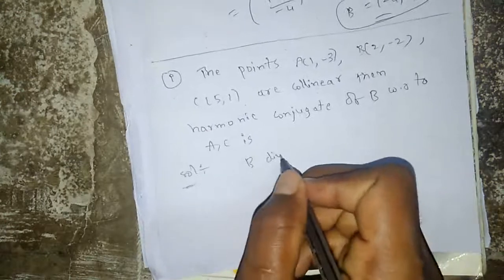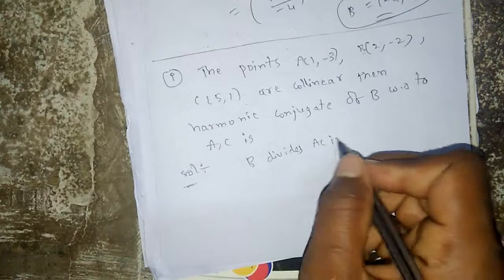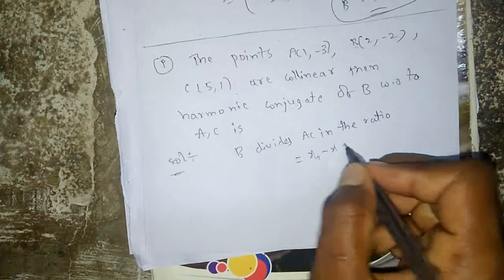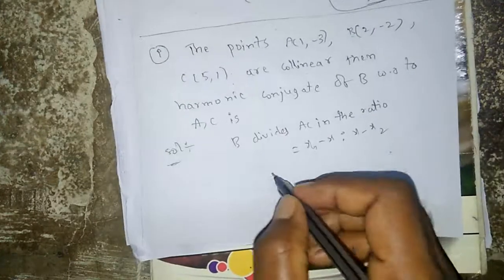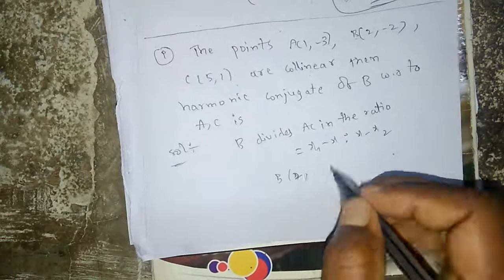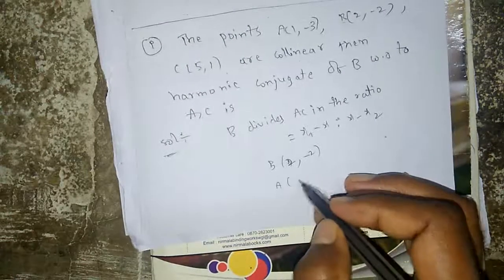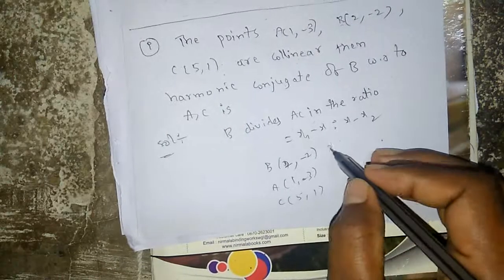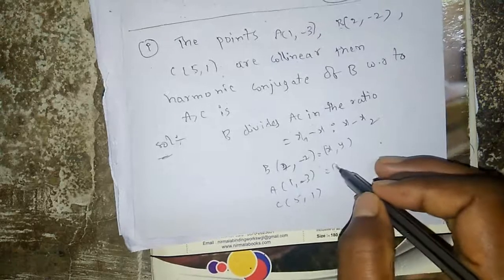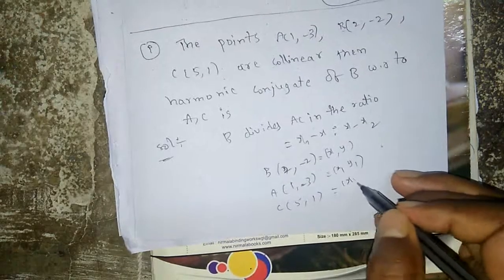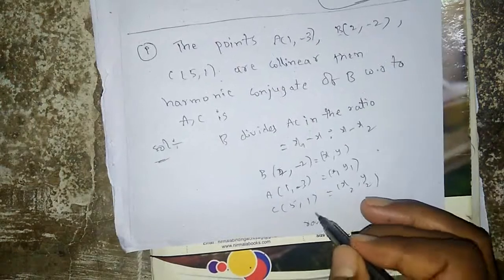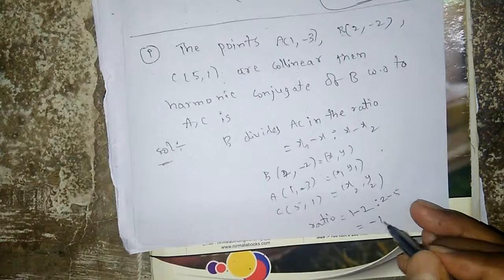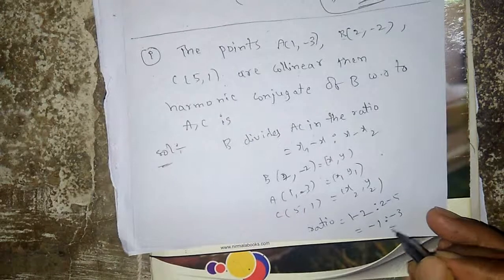Here B divides AC in the ratio x1 minus x is to x minus x2. Here B is 2 comma minus 2, A is 1 comma minus 3, C is 5 comma 1. This is x comma y, this is x1 comma y1, this is x2 comma y2. Therefore the ratio is 1 minus 2 is to 2 minus 5, that is minus 1 is to minus 3, that is 1 is to 3.